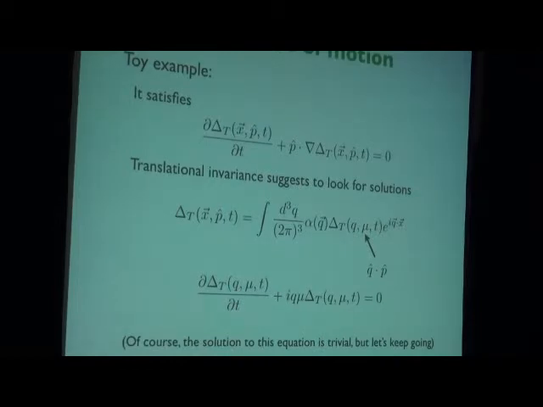But this just sets your initial conditions, and then it multiplies a function that only depends on the magnitude of q and q hat dot p hat. So this is the next gadget we're defining, and then it's easy to see that if you act with this differential operator on this object, it satisfies a differential equation that looks like this, which we can still call a Boltzmann equation. Now, this is trivial to integrate, but let's not get distracted by that.